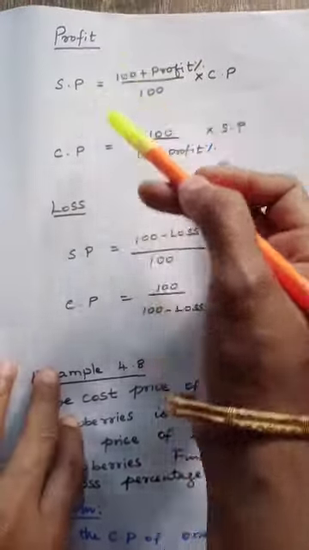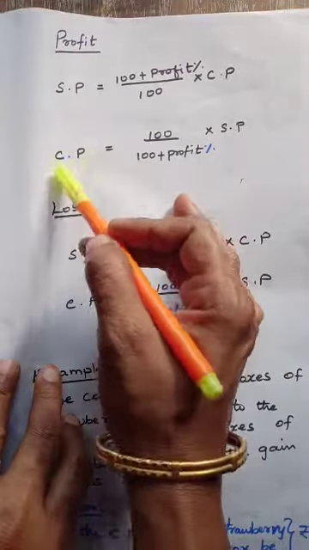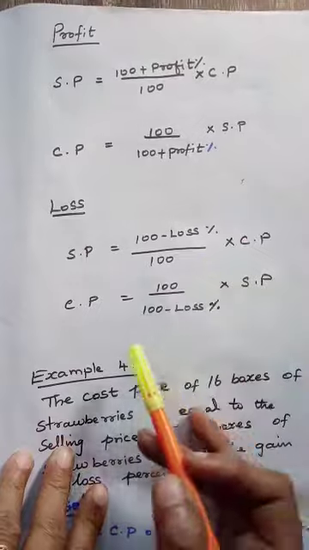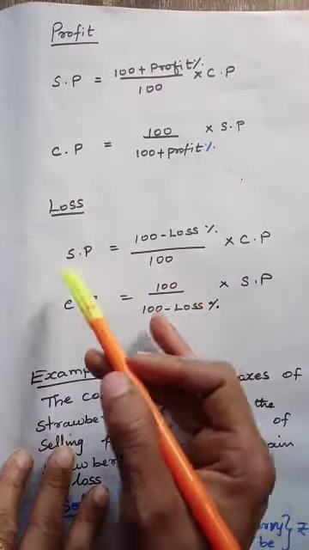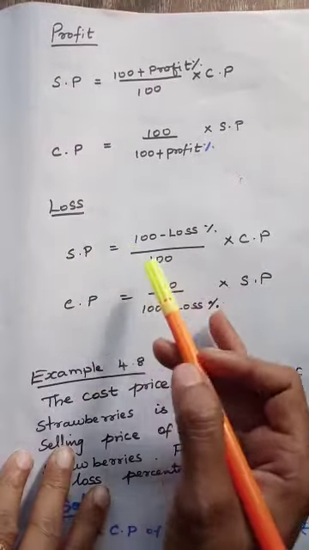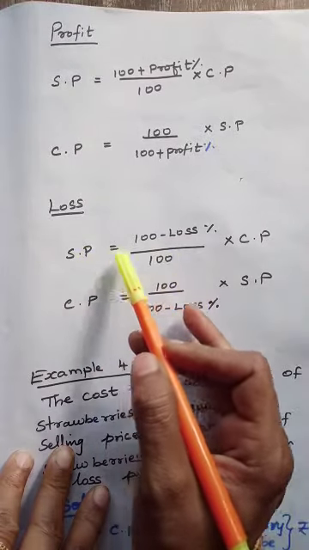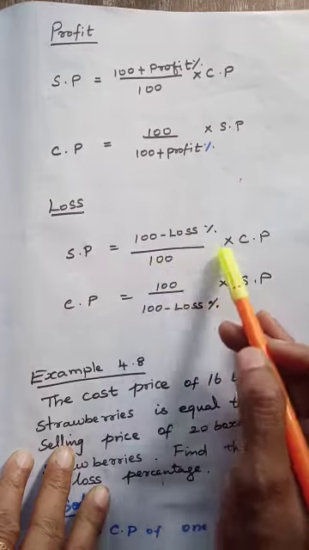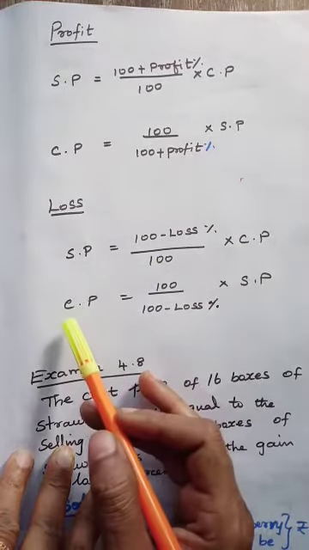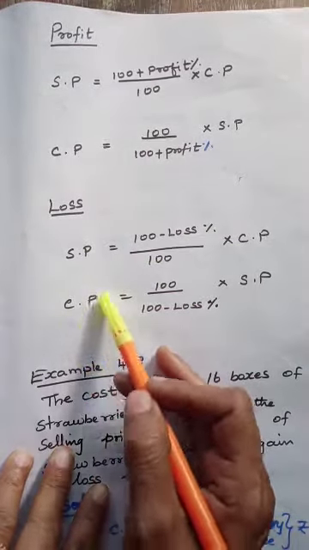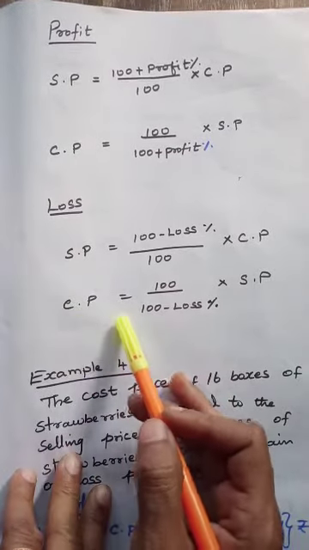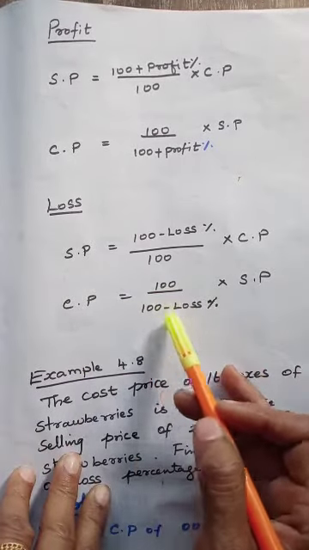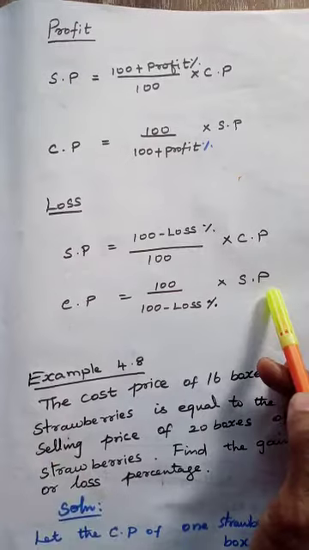When it is profit, we have to find CP means we have to use this formula. Loss. When it is loss, we have to use this formula for finding the SP. That is, SP is equal to 100 minus loss percent by 100 into CP. Then when it is loss, you have to find the CP. Cost price means CP is equal to 100 by 100 minus loss percent into SP.